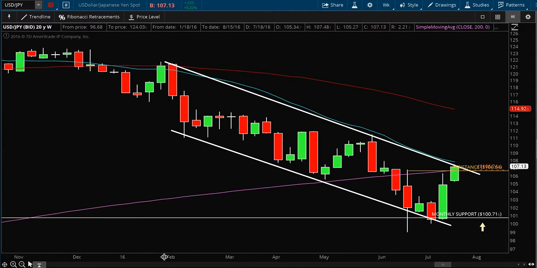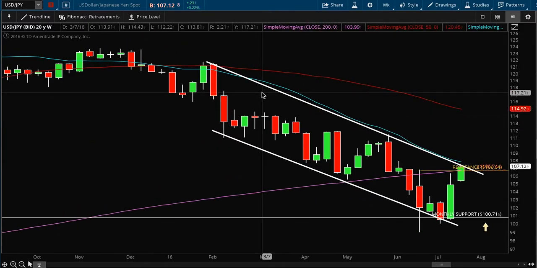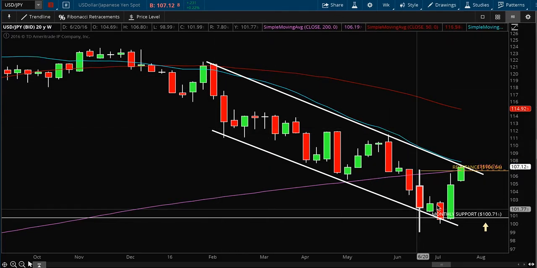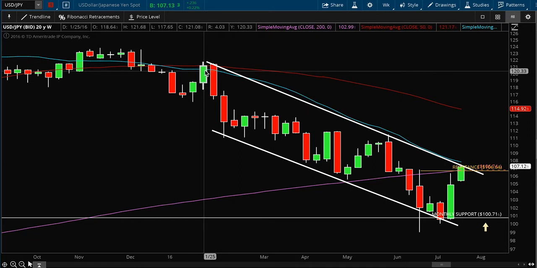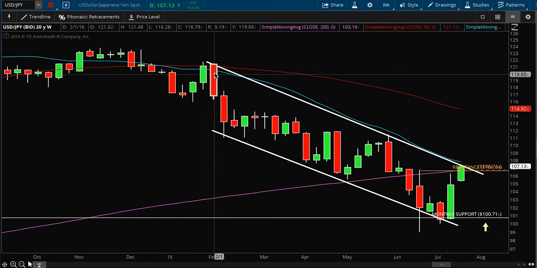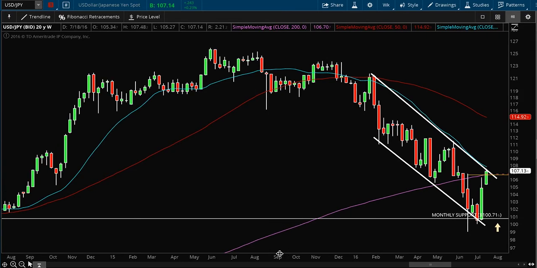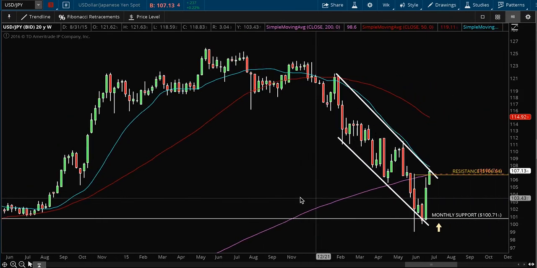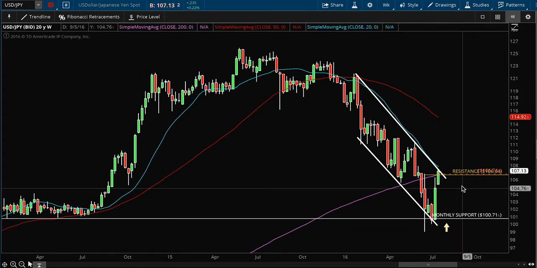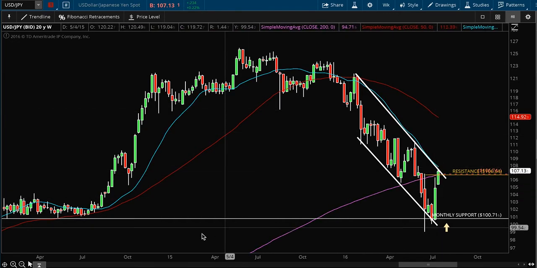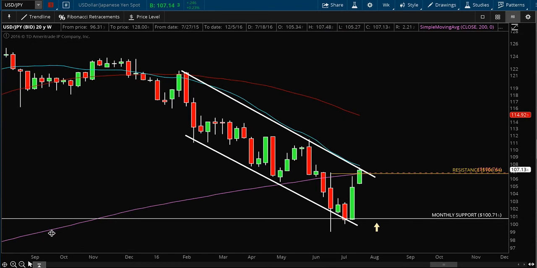That's the blue line you see up there, and on a weekly chart that's been acting as some resistance on this pair since February of this year. So that's another positive for me since I am short. And again, weekly chart, 200 MA and 50 MA, I'm looking at that as resistance.